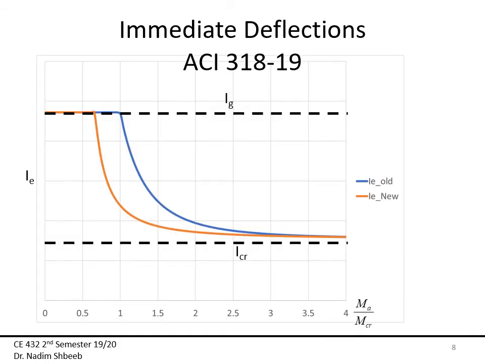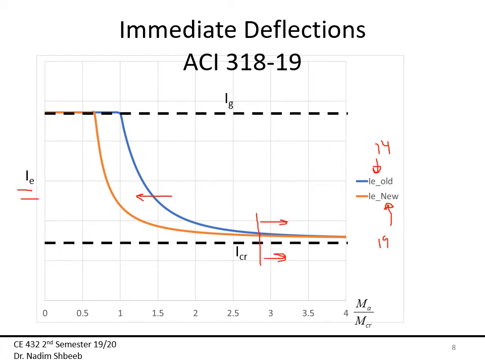This curve shows me the difference between Ie of old, which is the 14 code, and new, which is the 19 code, and here you can see that I effective now is smaller than what it used to be. It's like we pushed the curve in this direction. After a certain point, it really doesn't matter what code you use.